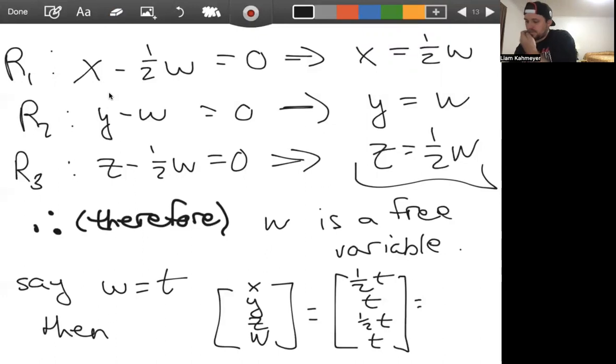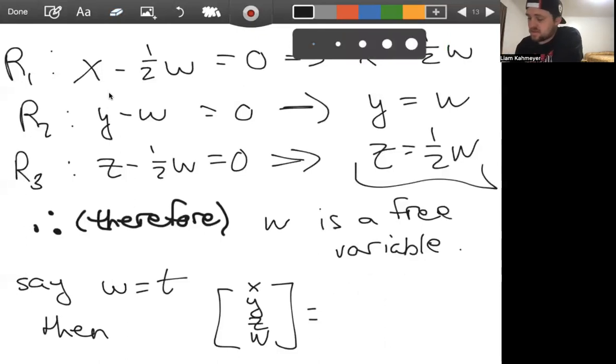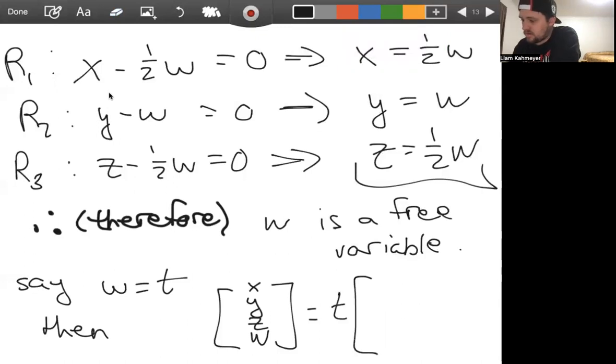Again, if you'll remember, this is better expressed by pulling this parameter out front as a scalar, which I will do here. And so we can see what the basic solution is. Our solutions here are t, and then we'll have 1/2, 1, 1/2, 1. These are our basic solutions, and these are solutions for t, a scalar.